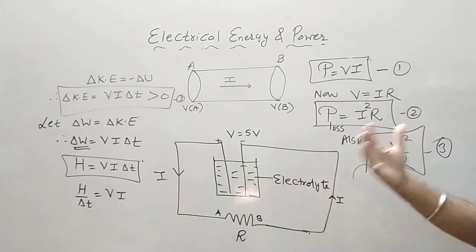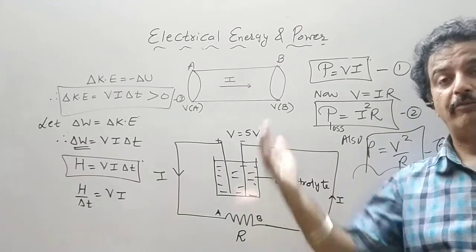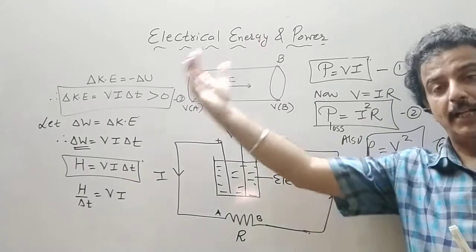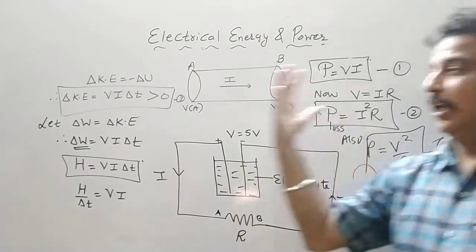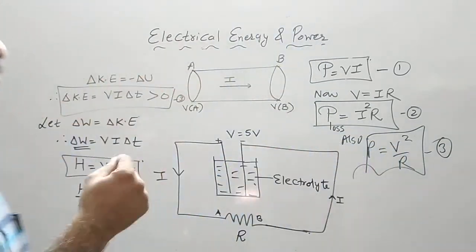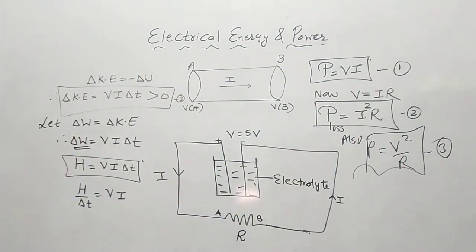We will see how the power is transmitted from one end to the other over a large distance. While transferring power over a large distance, the voltage has to be very high. Now let us see why the voltage is kept very high.